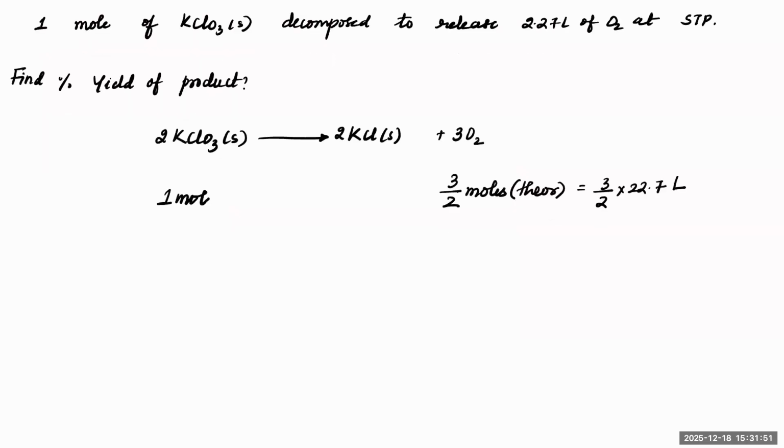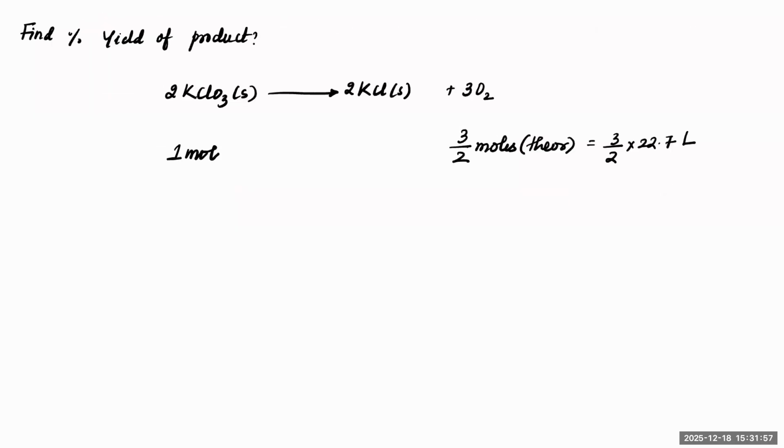But how much are you actually getting? Only 2.27 liters. So therefore, the percentage yield will be equal to 2.27 upon 3 by 2 times 22.7, into 100.